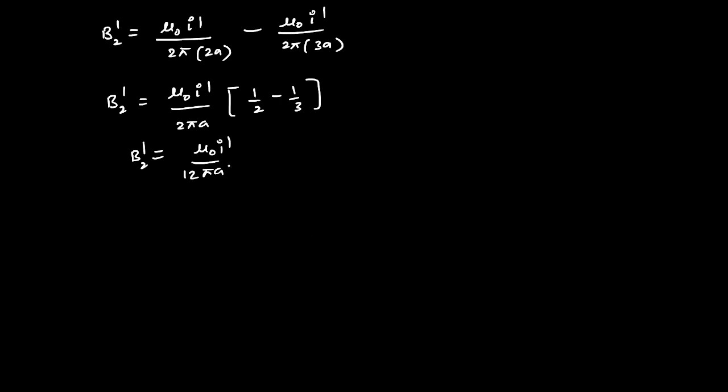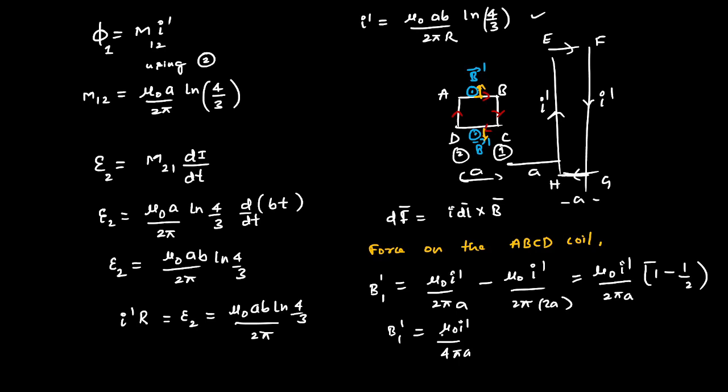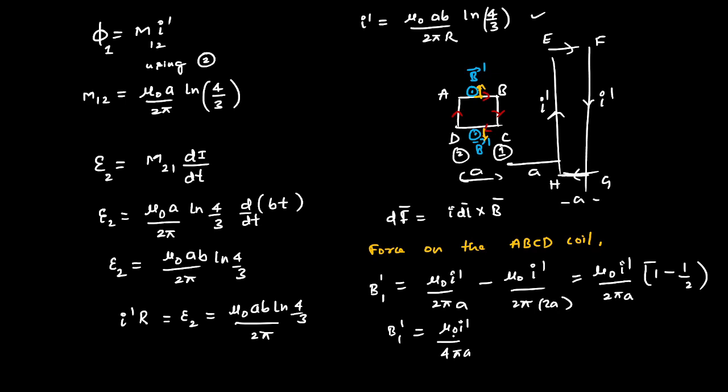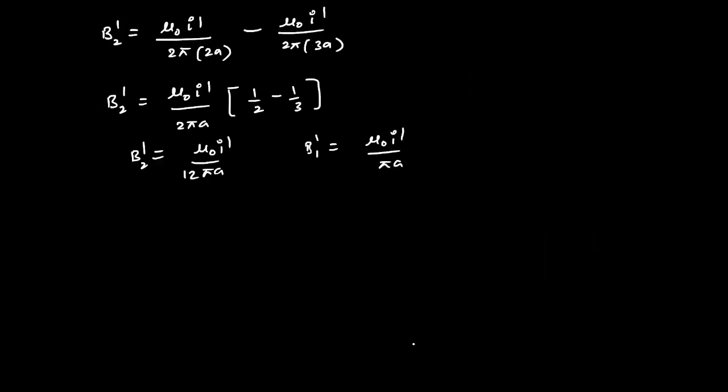Now once we know this is B2 dash, B1 dash we have already found: B1 dash is mu naught I dash divided by 4 pi a. I'll write mu naught I dash by 4 pi a as mu naught I dash by 12 pi a into 3, just multiplying and dividing by 3. That's it.